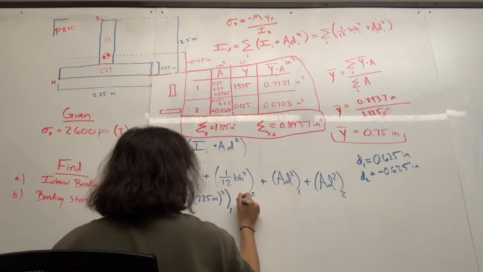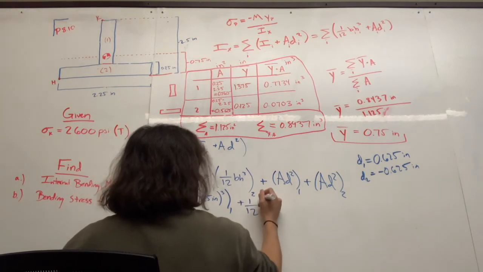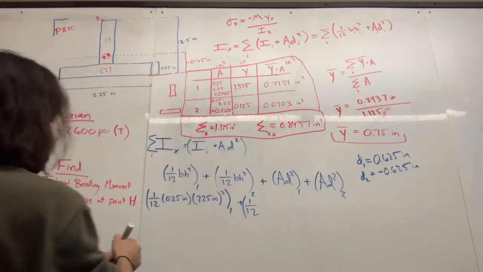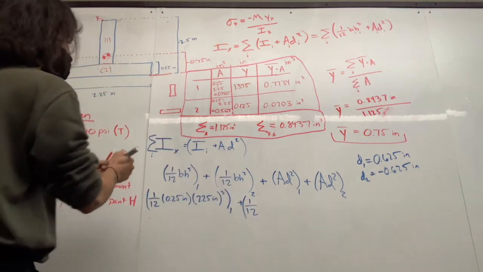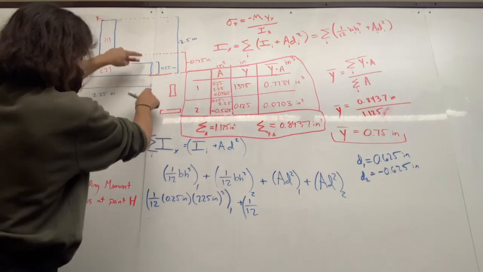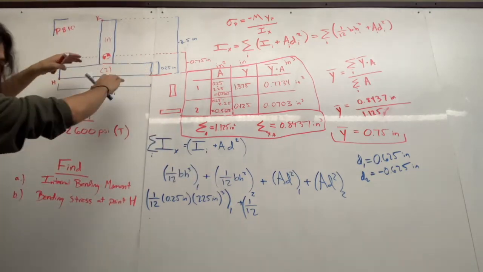Moving to this term, it's plus 1 over 12 times B, so in this case, the base is this term, where the height term is the thickness, because it's the other orientation.